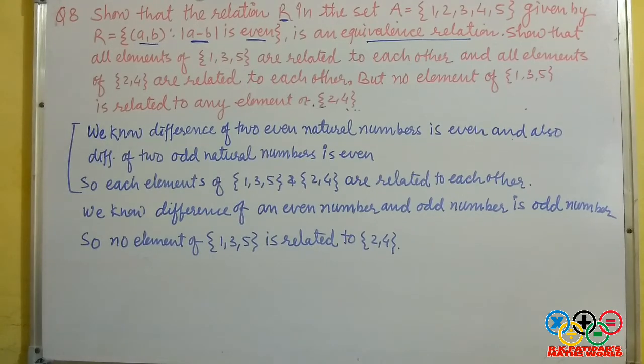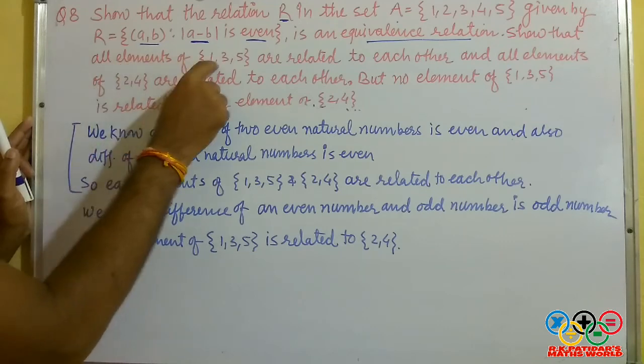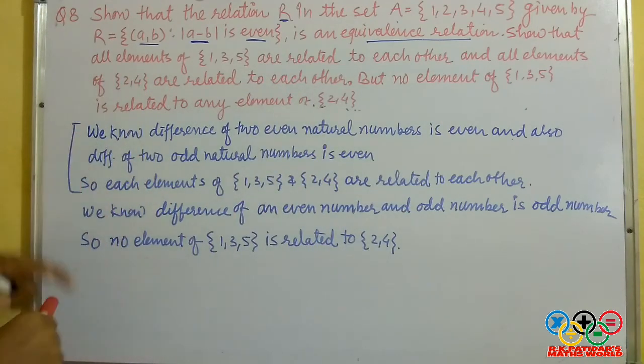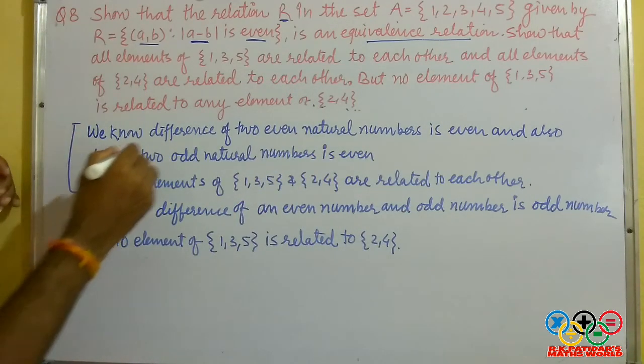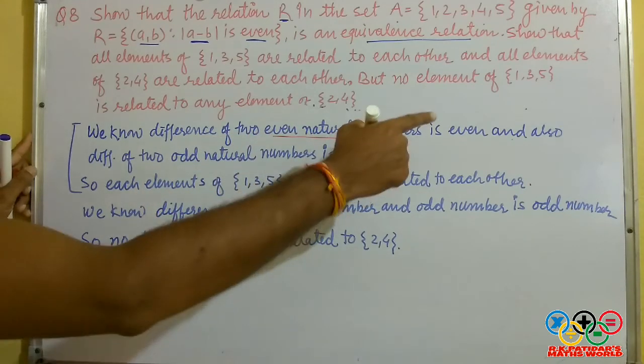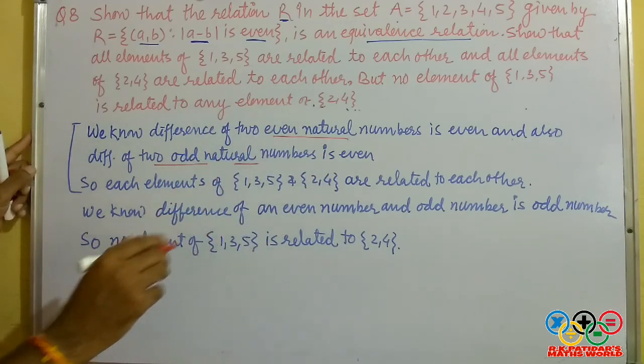And the last part of this question, here we have to show that all elements of {1, 3, 5} are related to each other, and all elements of {2, 4} are related to each other. We know that the difference of two even natural numbers is even, and also the difference of two odd natural numbers is even.